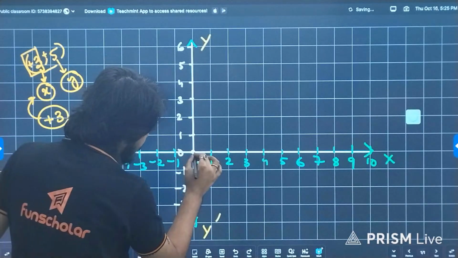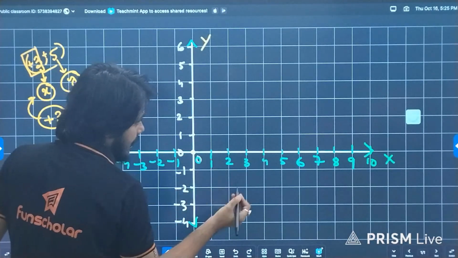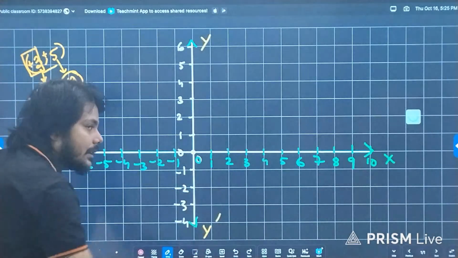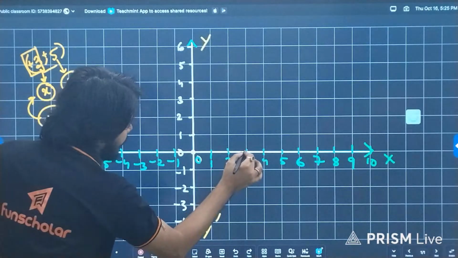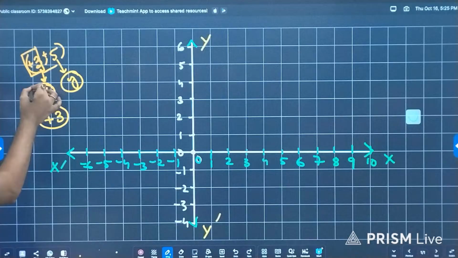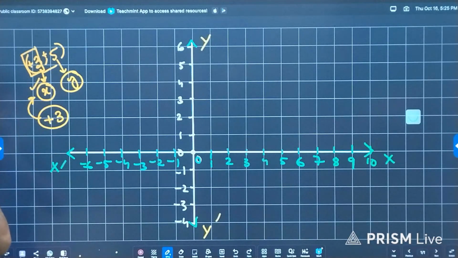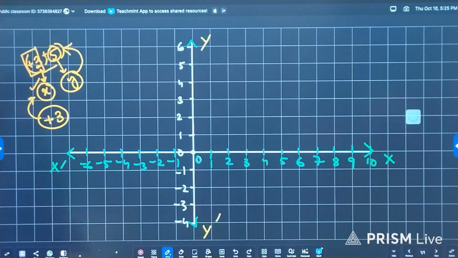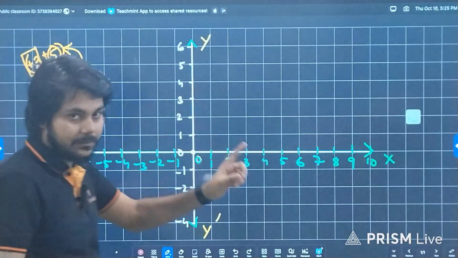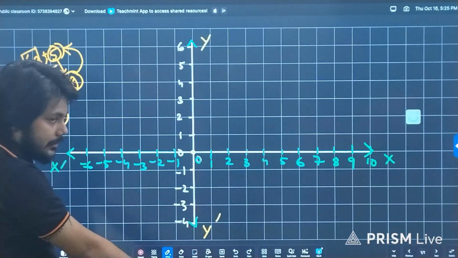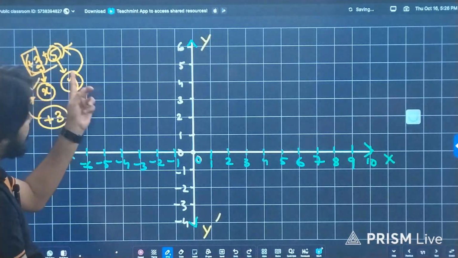That means we need to go 3 steps to the right side of the horizontal number line. So we will mark here 3, as the first component denotes x. Then we will come to the y component, that is 5. As it is plus 5, we will go to the upper side, not the lower side, as it is plus.